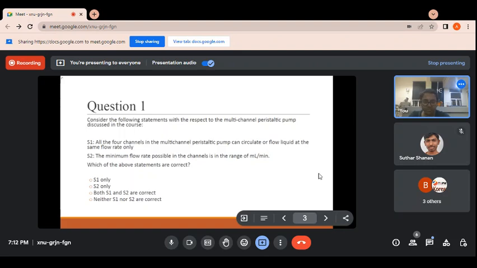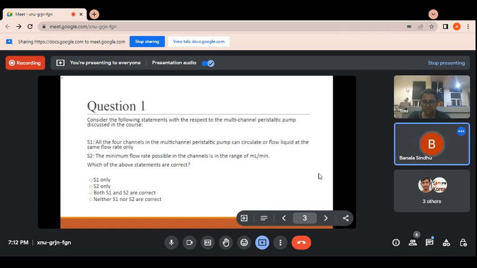I need the answer from all the students now. At least try. Banala Sindhu. Ma'am, I think first option, ma'am. First option is S1 only.